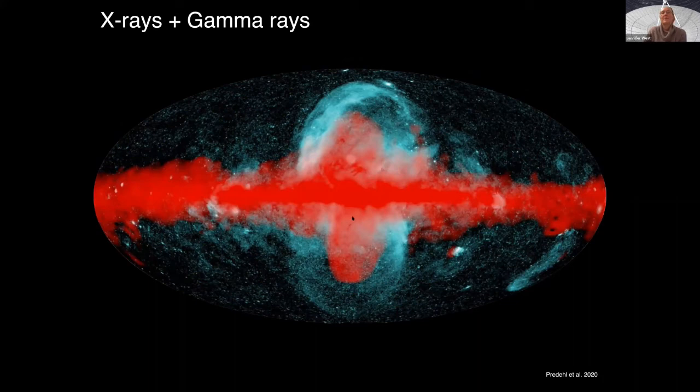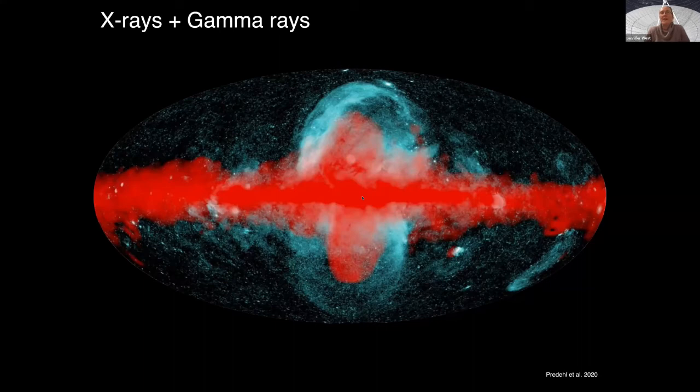And so the people who published the paper last year said that this North Polar Spur was associated with the galactic center. They're not the first group to claim this. A lot of X-ray work has led to this conclusion that the North Polar Spur is associated with our galactic center.